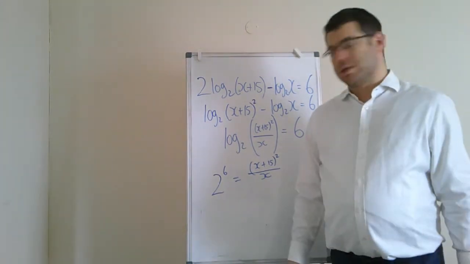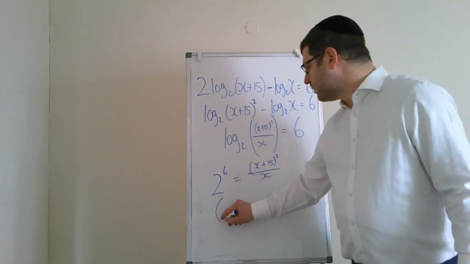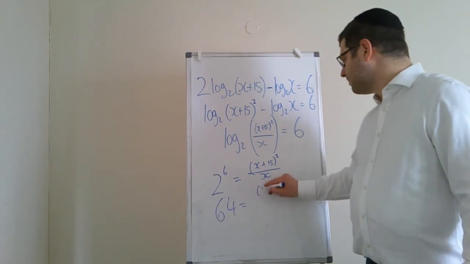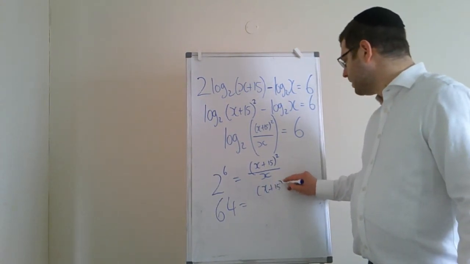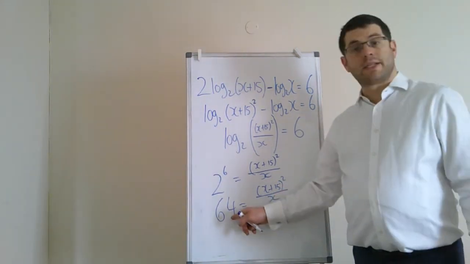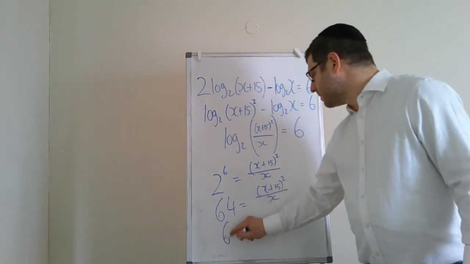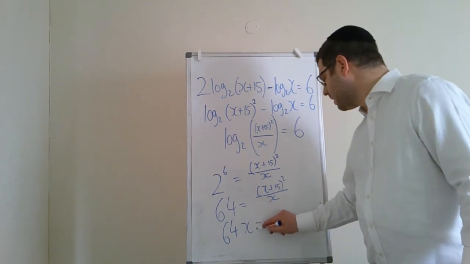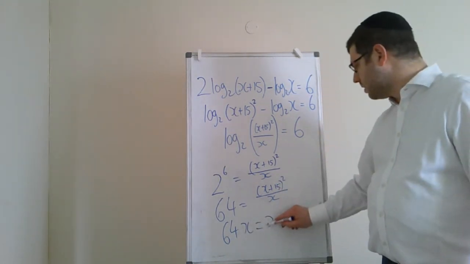Now we know 2 to the power of 6 is 64. And now let's bring the 64 across. 64x. Now let's multiply that out.